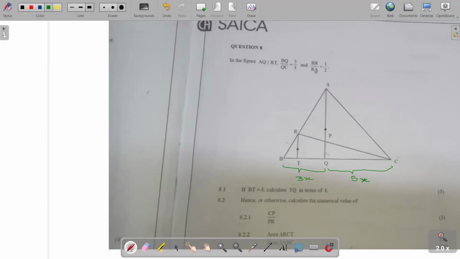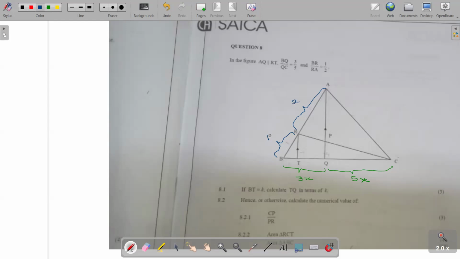Then we are further given that BR is to RA here. It's our BR is to RA, this part. They said it's 1 is to 2.